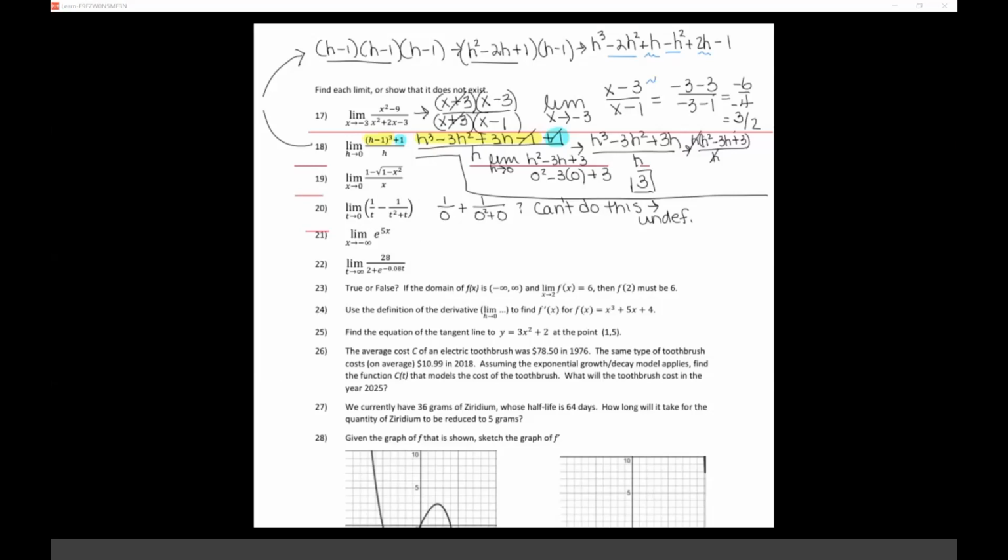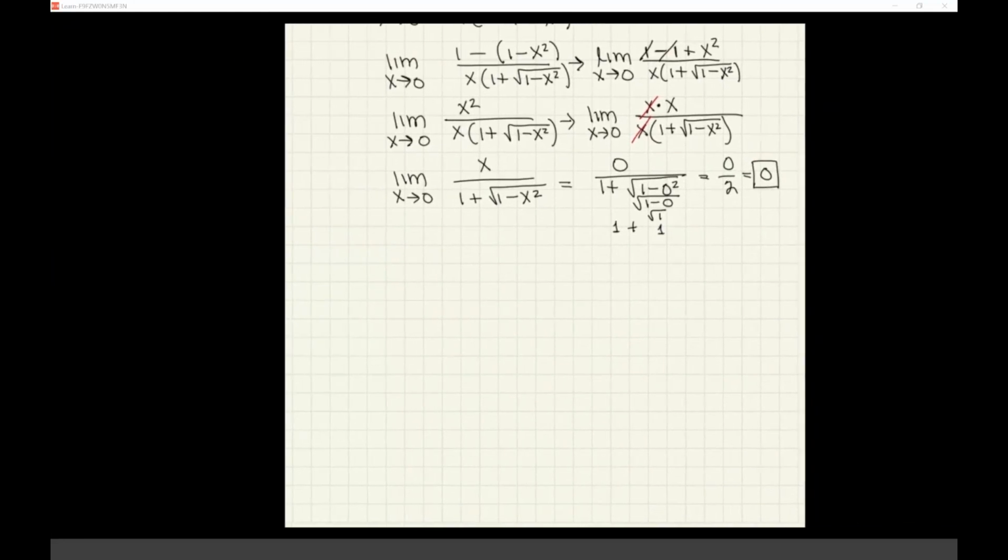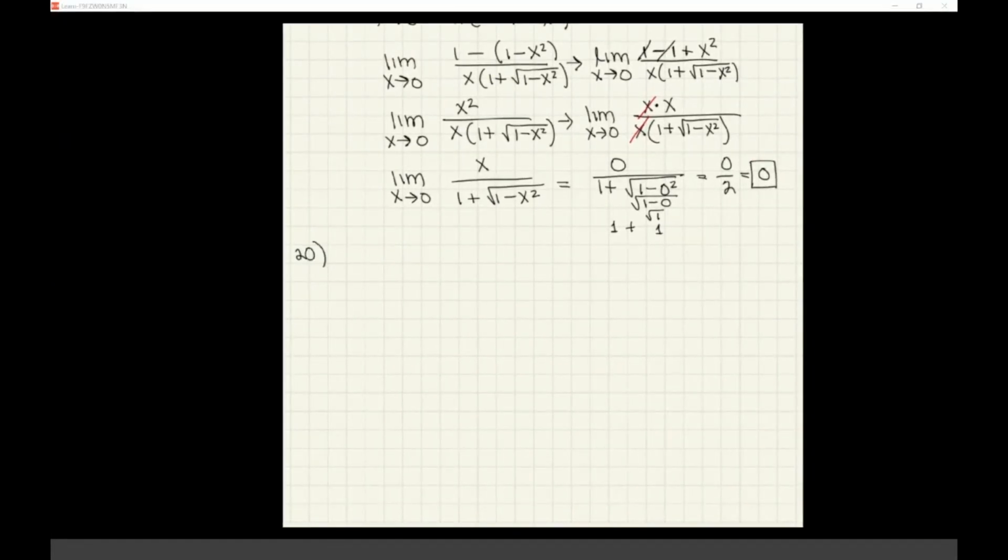Let me see if I have any room on my separate paper to put 20. I can probably get it started down here. It's the limit as t approaches 0 of 1 over t minus 1 over t squared plus t.